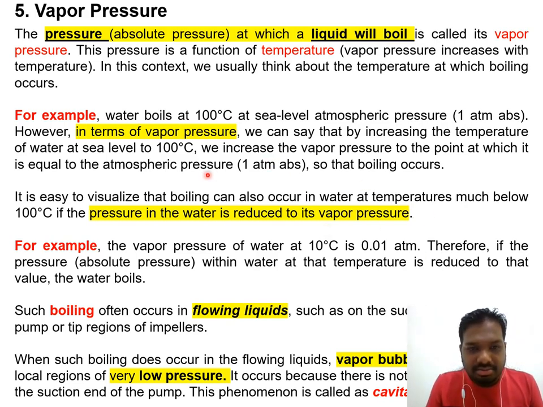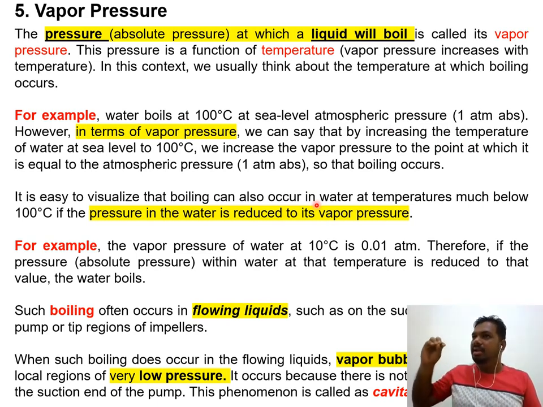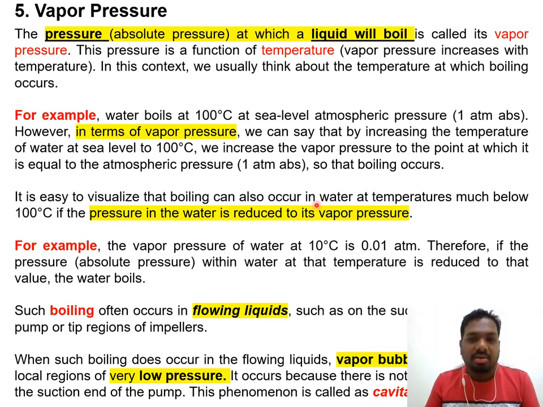That is what this term is explaining. If we increase the temperature to 100 degrees Celsius and make the vapor pressure more than the atmospheric pressure of 1 atm, the boiling will start to occur. It is easy to visualize that boiling can also occur in water at a temperature much below 100 degrees Celsius if the pressure in the water is reduced to its vapor pressure.